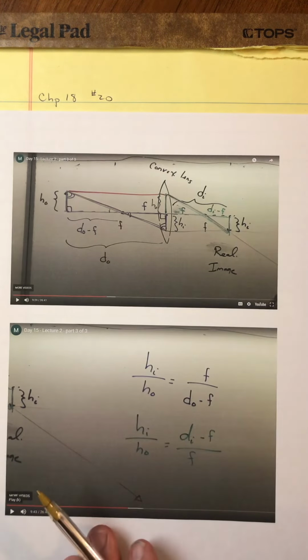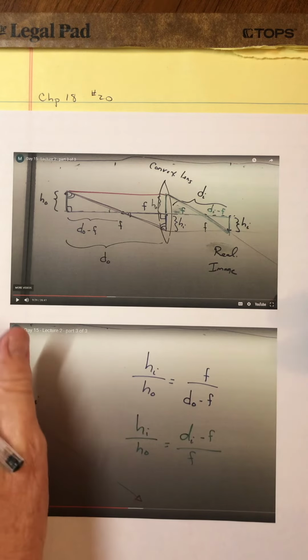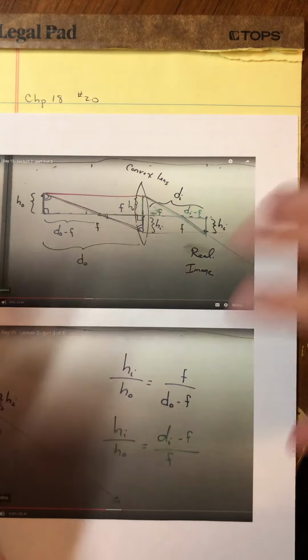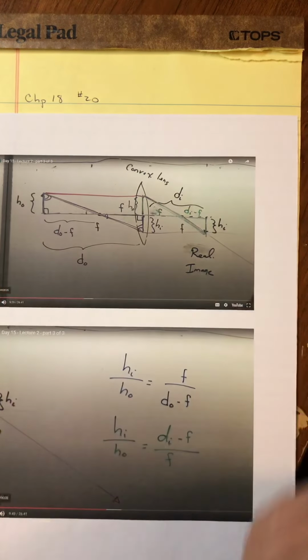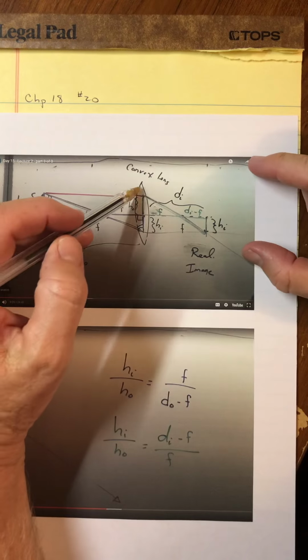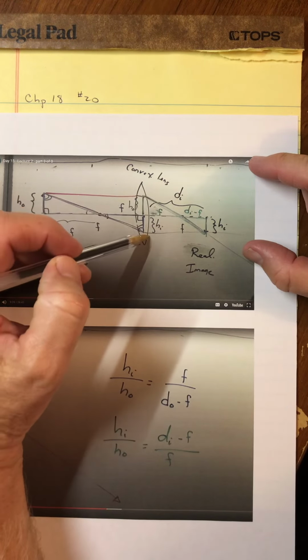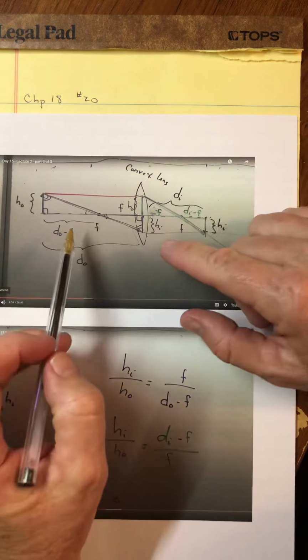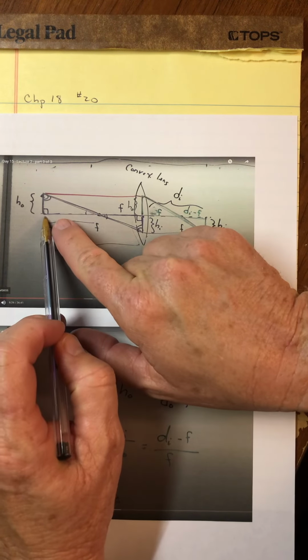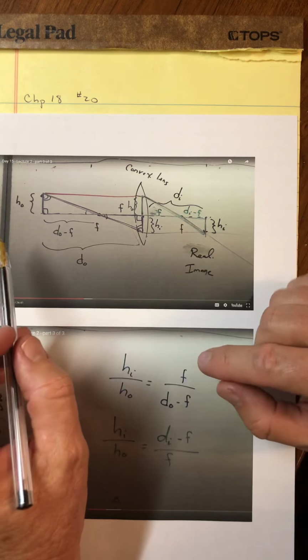What I did was draw these rays. Without taking too much time in this video solution, but encouraging you to go back and look at the video lecture, this is the convex lens, and it has a focal point, and we put an object out here greater than the focal point.